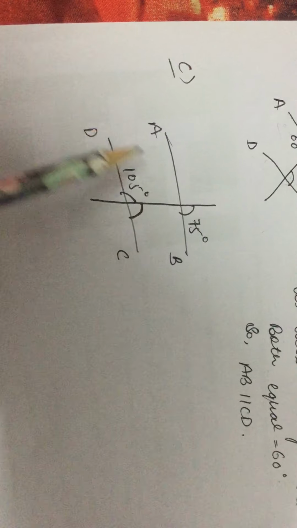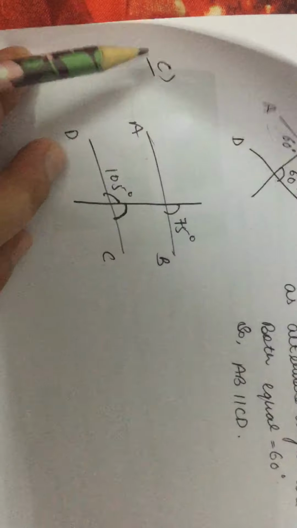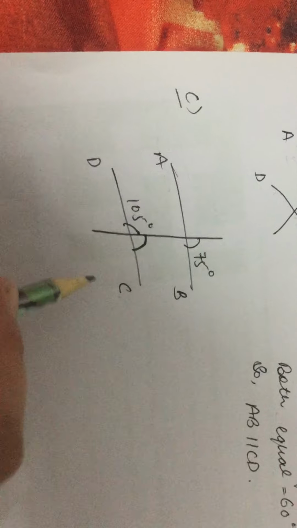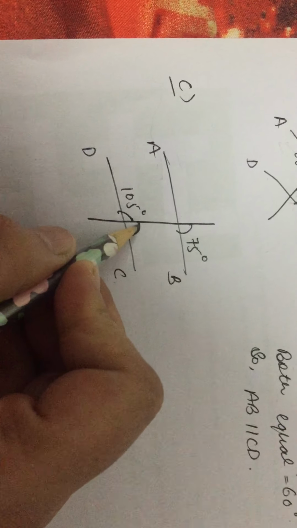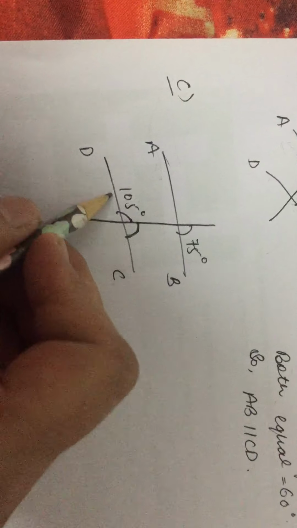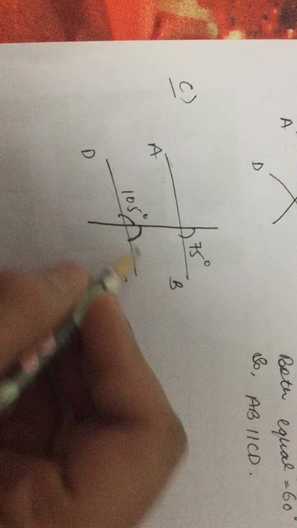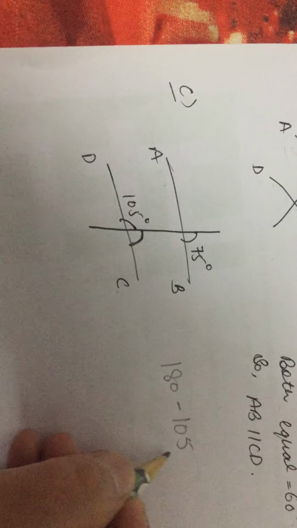Next question, C part is, again we have two lines AB and CD. We have to check whether the lines AB and CD are parallel or not. So what we will do here, we will first find this angle. Now this is again a straight line forming a linear pair, so this angle will be equal to 180 minus 105.